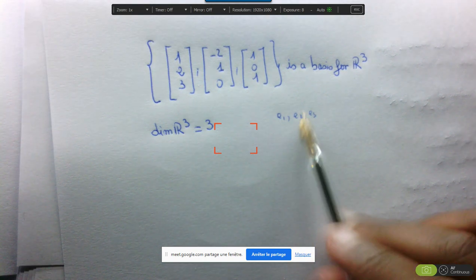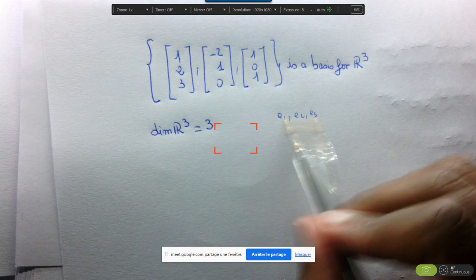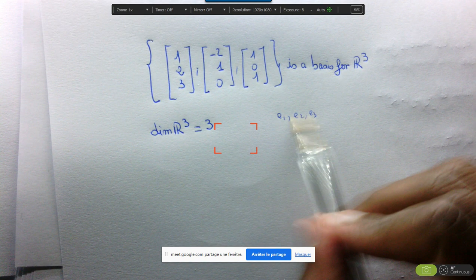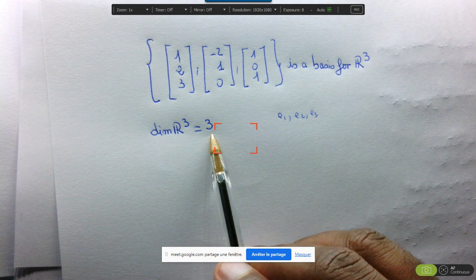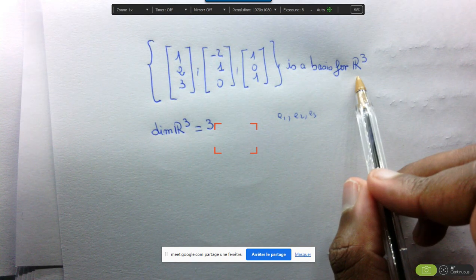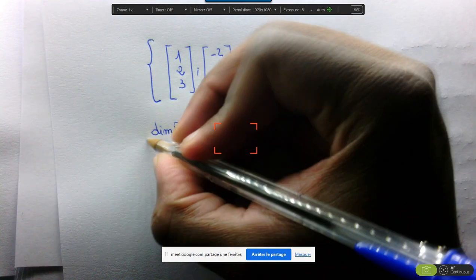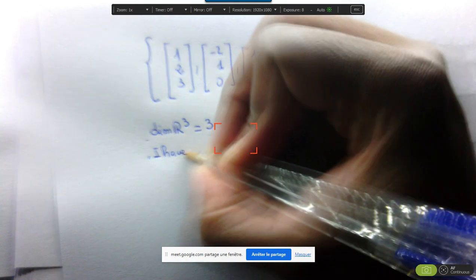So here I know that the dimension of R3 is 3 based on just this one. Now I know that the dimension of the vector space that I have is 3, and I have 3 vectors.